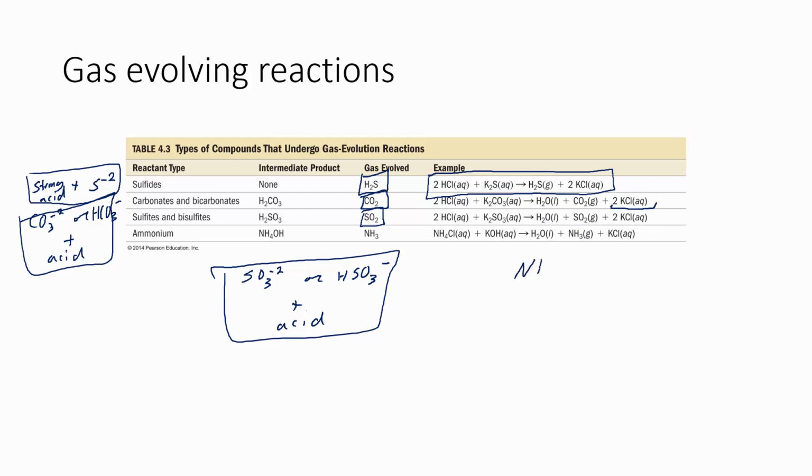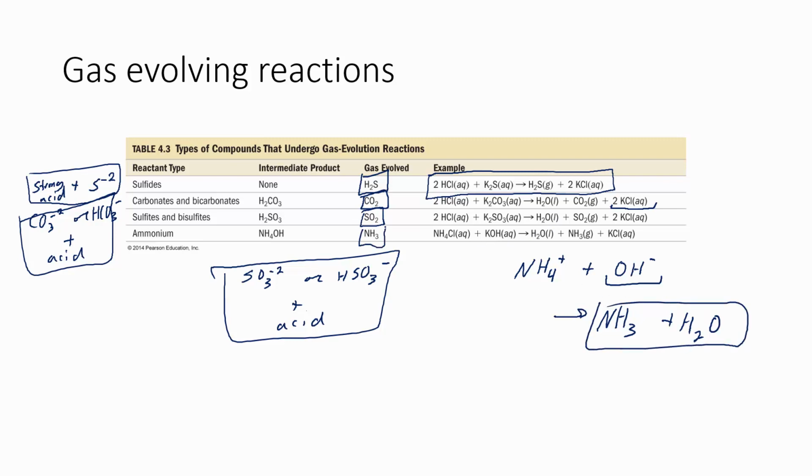And then the final one, if we add ammonium, which is NH4+ cations, and some sort of strong base or provider of hydroxide, we're going to get ammonia gas and water and whatever's left over. Okay, so ammonia is the gas, plus water is liquid, plus whatever's left over, potassium and chloride. That's as far as I really want you to be able to do this.